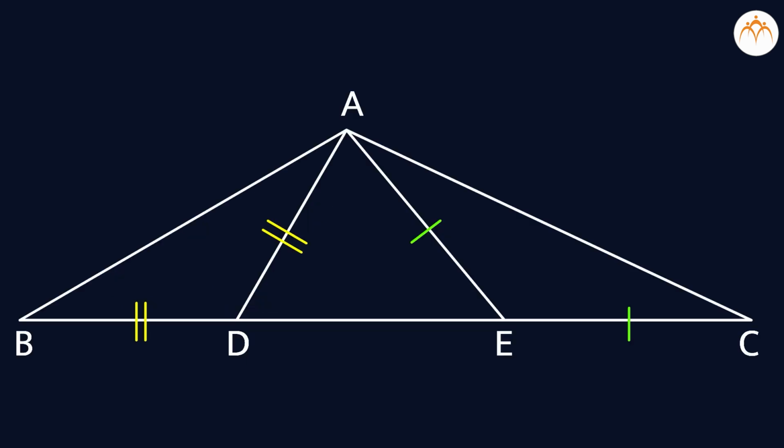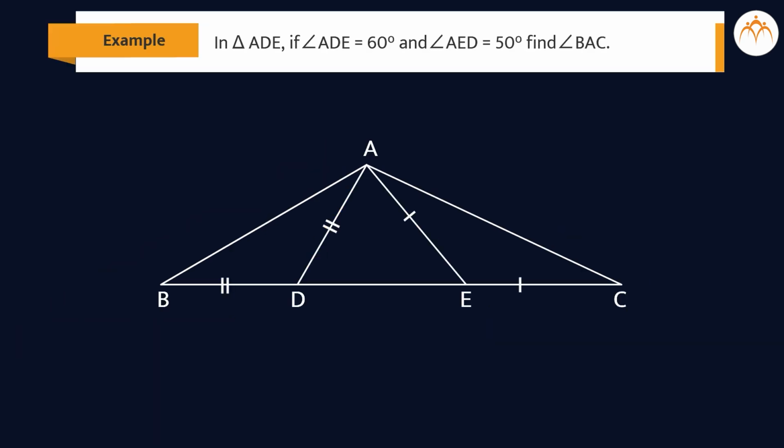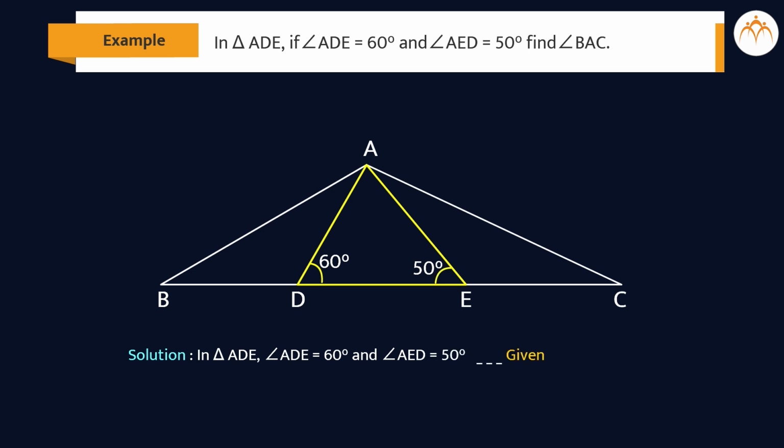Observe this figure. In triangle ADE, if measure angle ADE is equal to 60 degree and measure angle AED is equal to 50 degree, find measure angle BAC. Solution. In triangle ADE, measure angle ADE 60 degree, measure angle AED 50 degree. This is given.